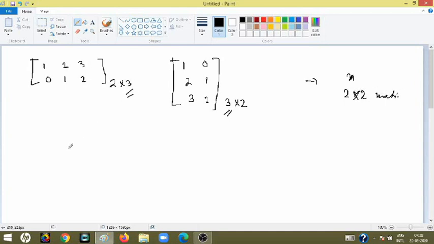Let us see. Here is the first entry: 1 into 1 plus 2 into 2 plus 3 into 3. Here, 1 into 0 plus 2 into 1 plus 3 into 2.